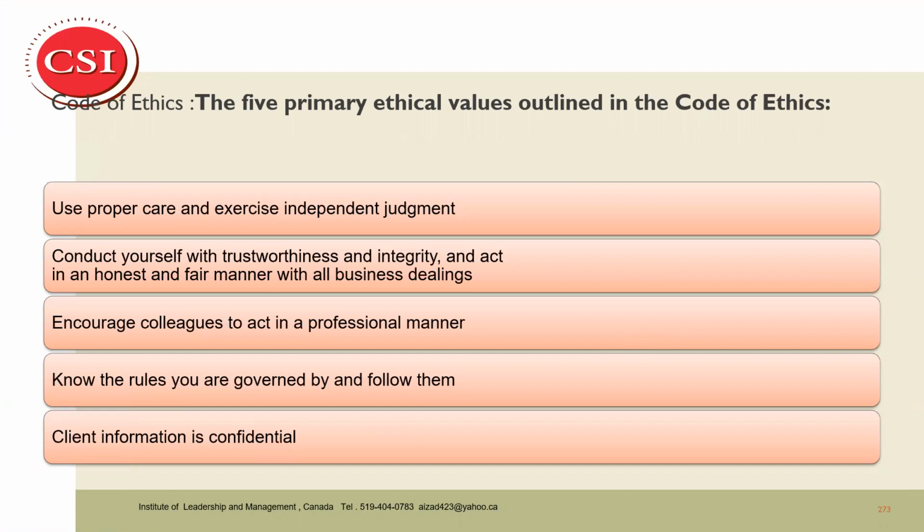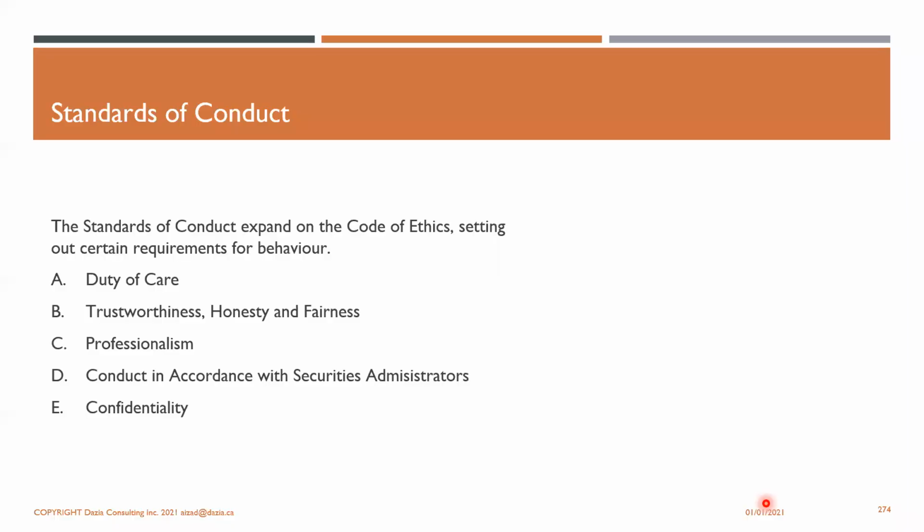We'll talk about these in more detail in the next slides, but that is the duty of care, trustworthiness, professionalism, and conducting yourself with trustworthiness and integrity. You need to keep an eye on your colleagues also, that they are acting in a professional manner, and know the rules and follow them, and make sure client information is confidential. So these are the standards of conduct in the code of conduct, and usually there are a few questions on this.